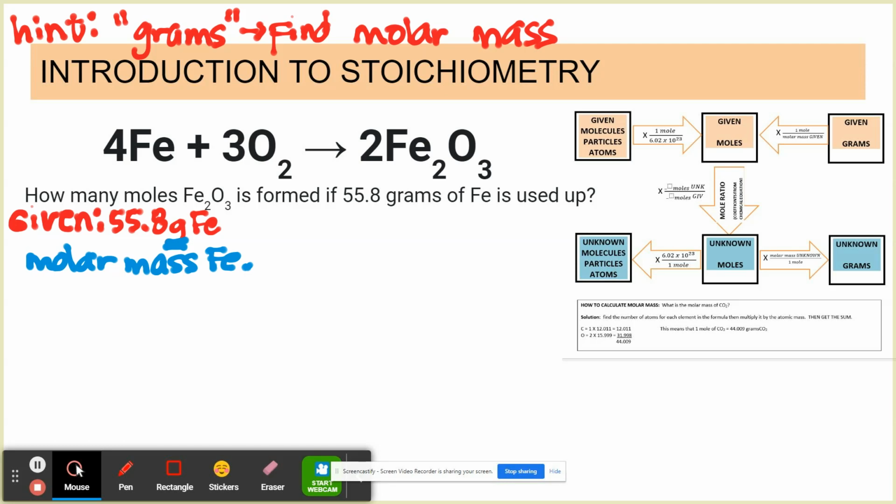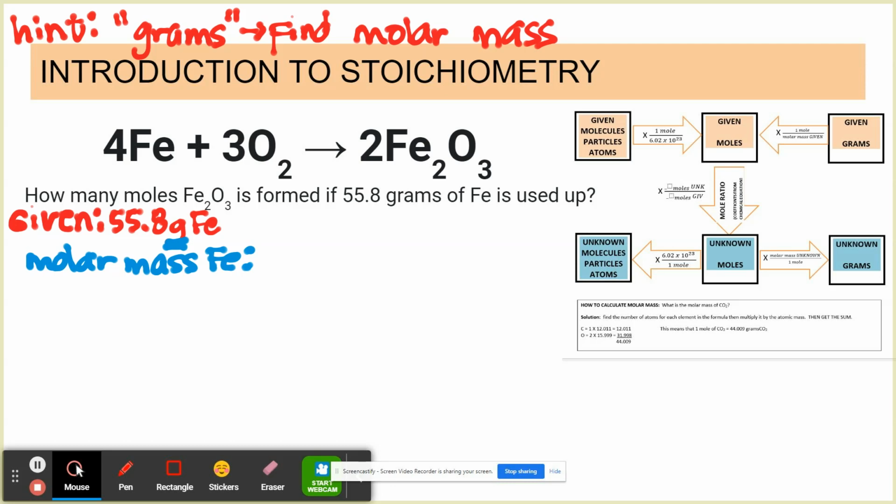In our case, it's Fe. Let's ask Google. Hey Google, what's the molar mass of Fe?